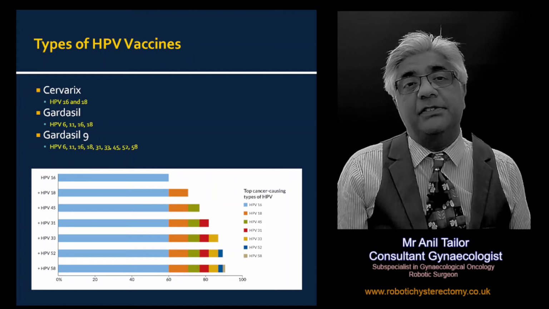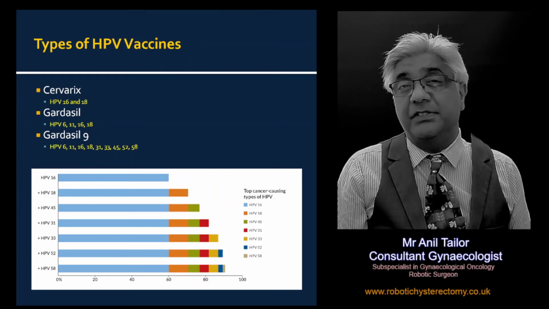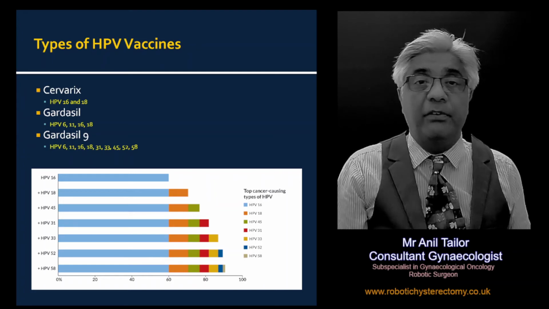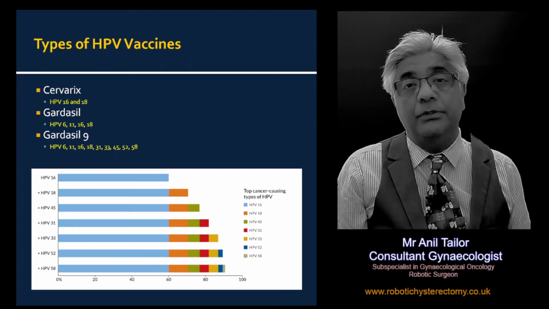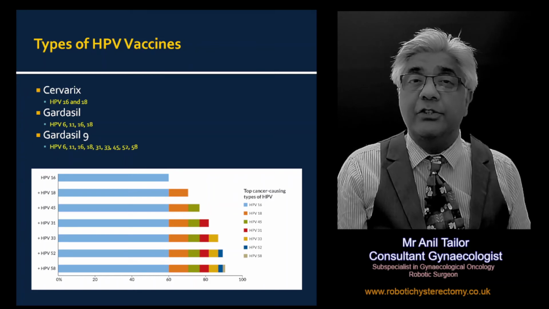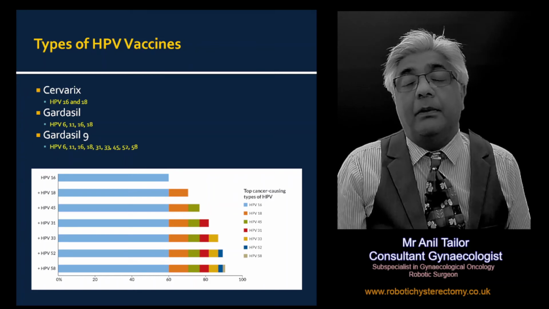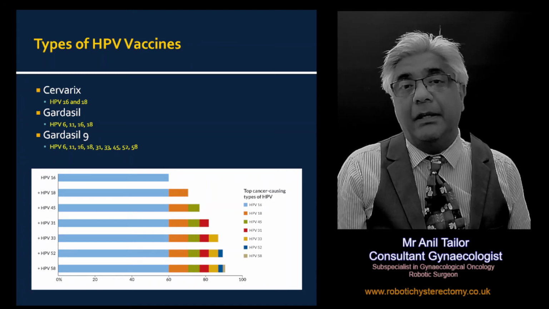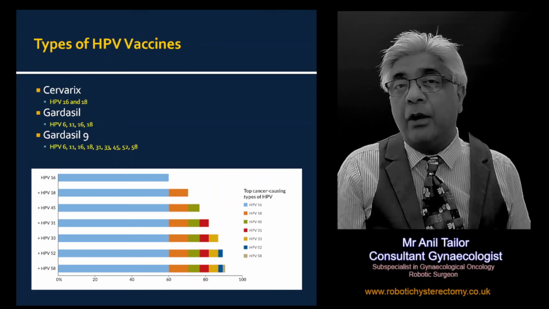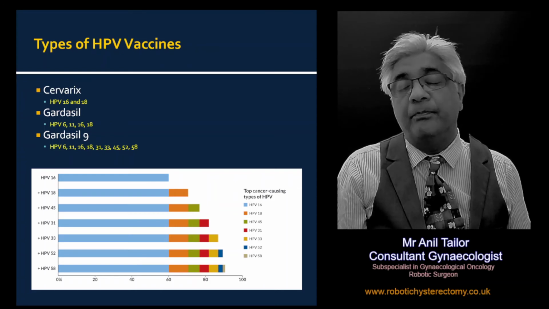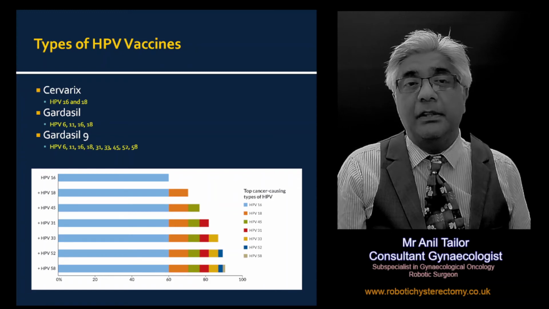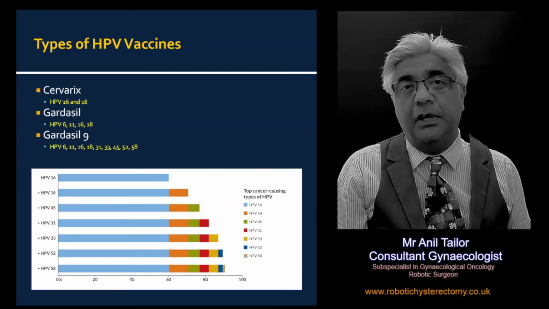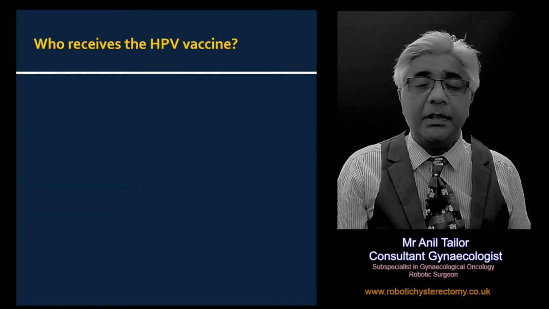Now, more recently, Gardasil have brought out the Gardasil 9, which includes, in addition to the 4 before, 31, 33, 45, 52, and 58. If you remember, in my earlier slide, I showed that those 7 high-risk types account for about 90% of cervical cancers. So the Gardasil 9 is now hoping to cover most of those viruses.